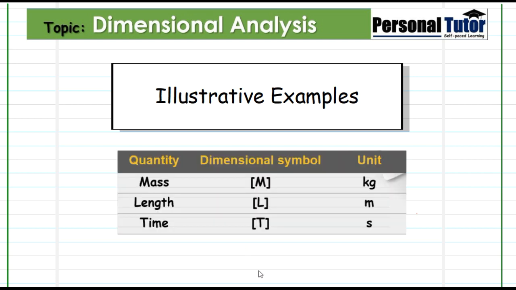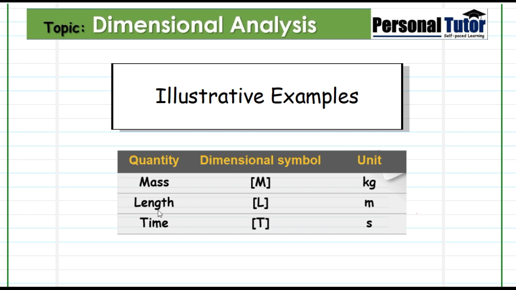For your level as senior high school students, all your equations will have mass, length, and time. Just these 3 out of 7 physical quantities. And note that the dimensional symbol for mass is a capital M. When you are supposed to convert this to its unit, it is kg, that is kilogram.